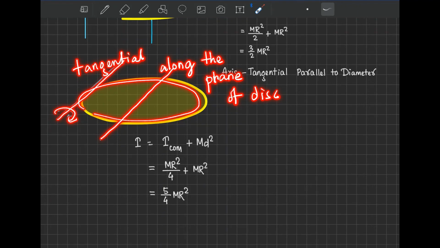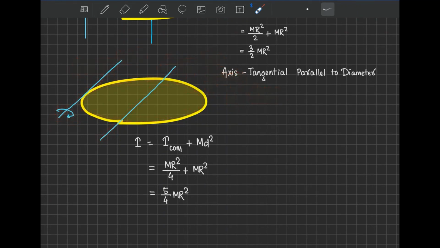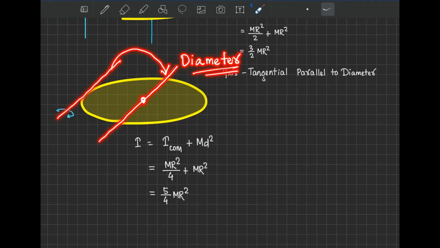So here also we will be using the parallel axis theorem, and we need to draw a parallel axis that passes through the center of mass. If we draw a parallel to this tangent and it passes through the center of mass, it must be passing through some diameter. So this is a diametrical axis now.